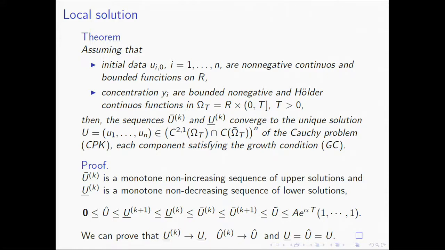And all these sequences are bounded below and above by this function. So, pointwise, we have convergence of these sequences. The sequence of upper solutions converges to a function, and the sequence of lower solutions converges to another function, and we can prove that these two functions coincide.